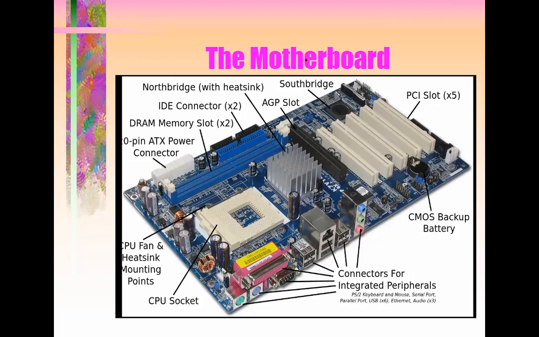Why? Because the CPU socket basically has the largest number of pins. You can see that those are the holes in which the CPU will be sitting, and you can see there are a lot of them. So of all the components on the motherboard, the CPU socket has the largest number of pins.